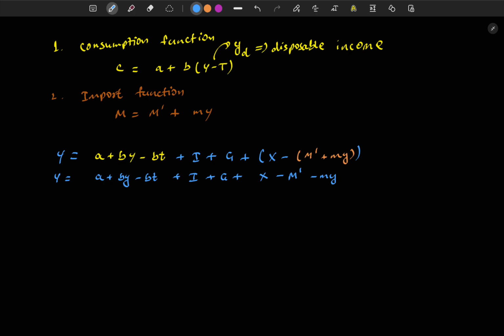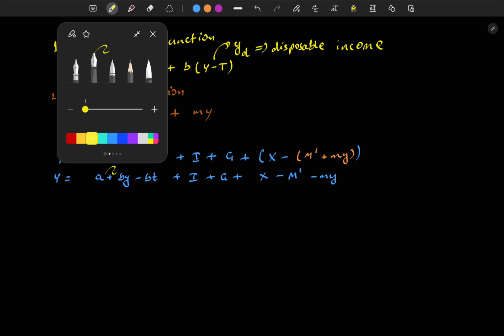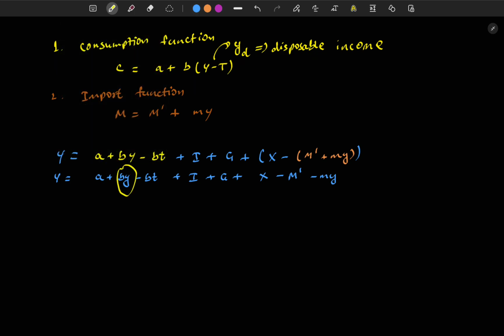Now I'm going to isolate the Y terms to one side of the equation. The Y terms here are BY and mY, and I'm going to bring those Y terms to the other side.